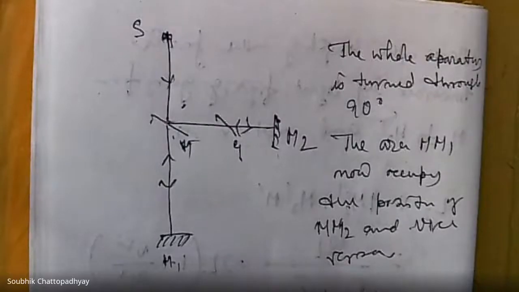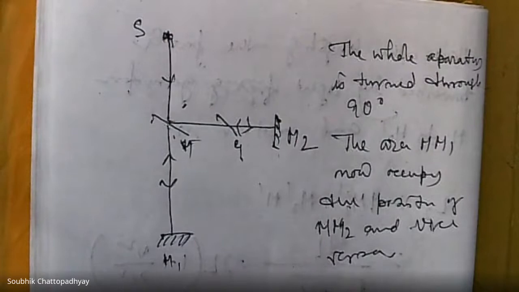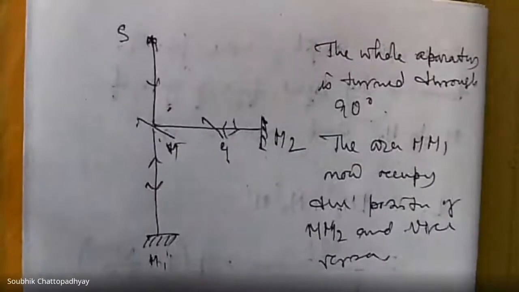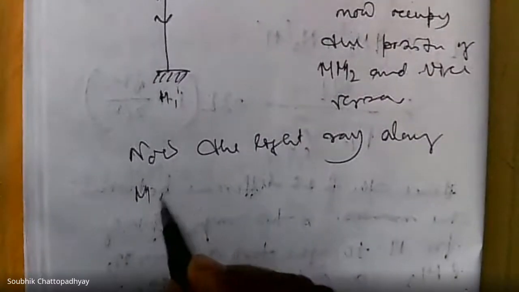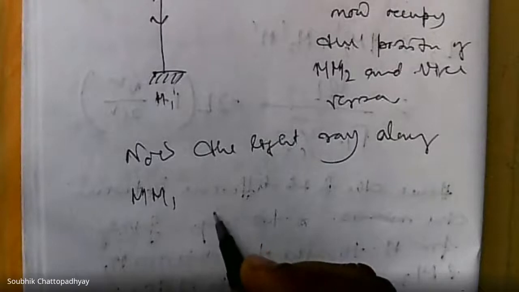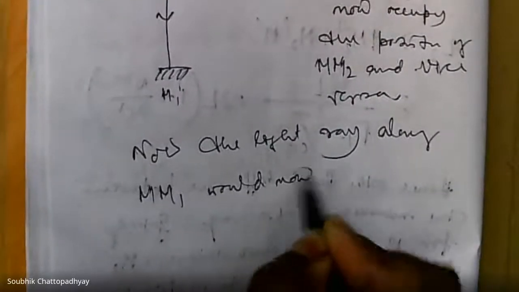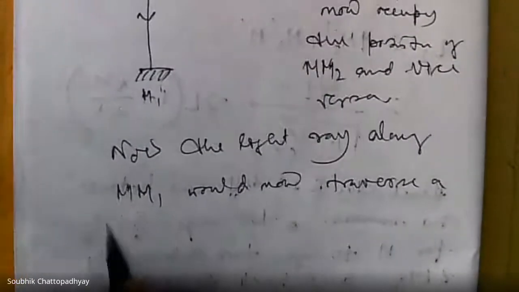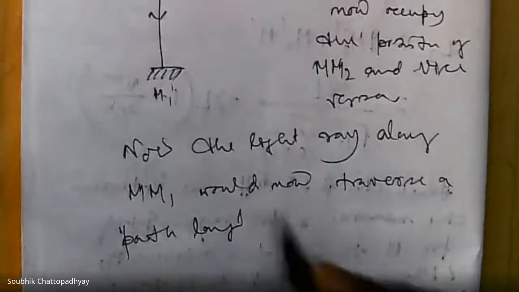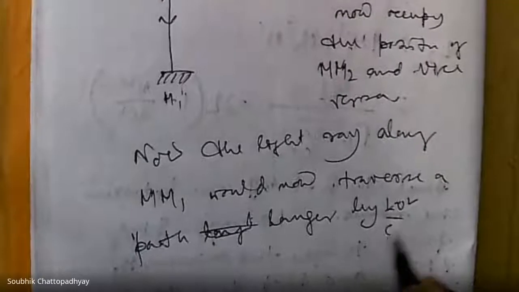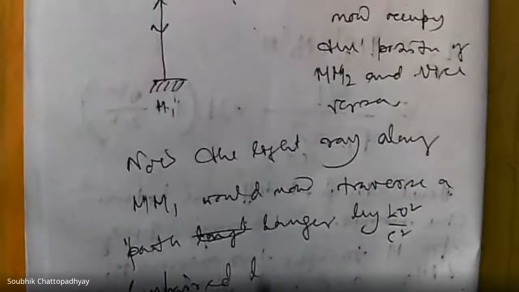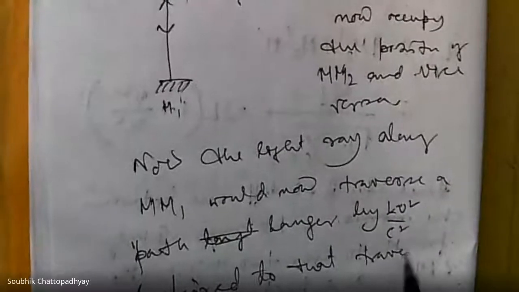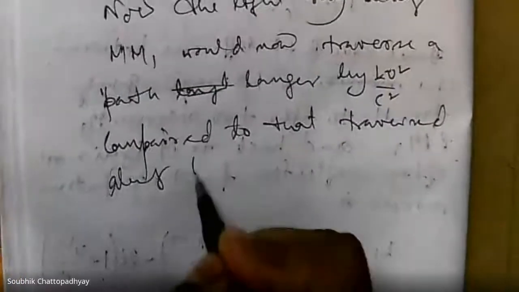So the light ray along M1 would now traverse a path longer by L v square by c square, which we can find as before, compared to that traversed along M2.